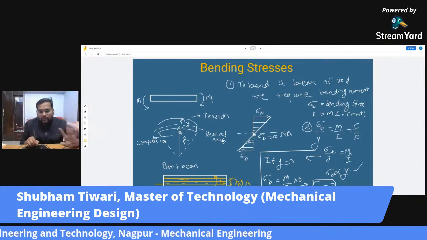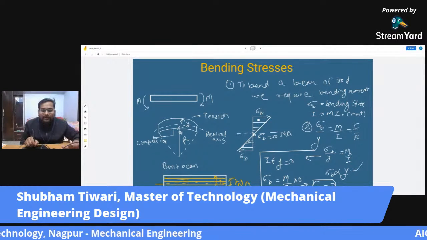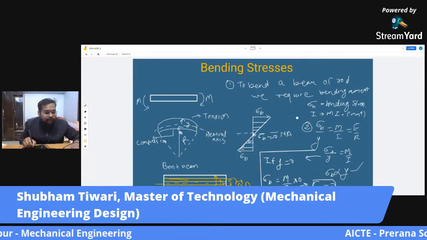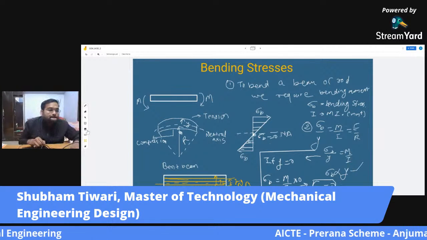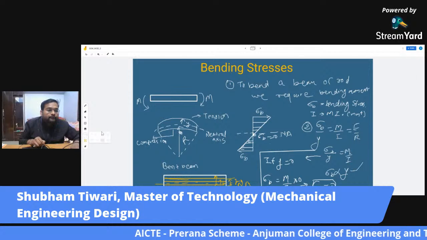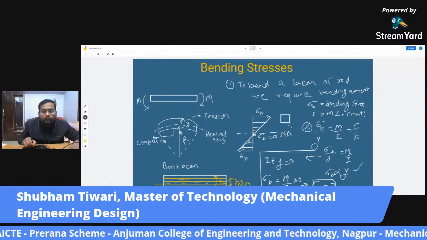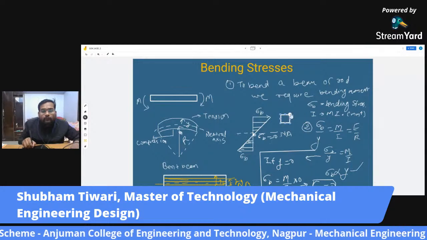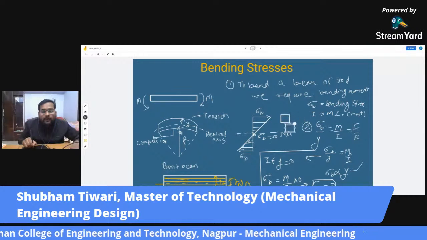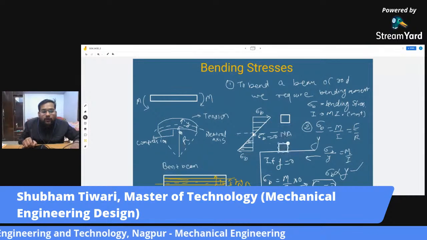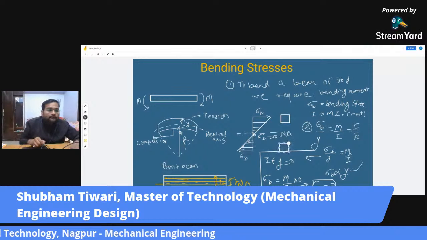Now, if I have to draw stress elements for the top fiber and bottom fiber, then it will look like something. For top fiber and for bottom fiber.